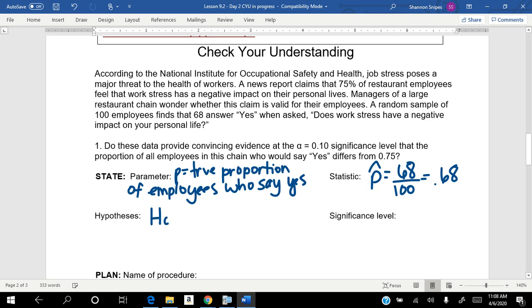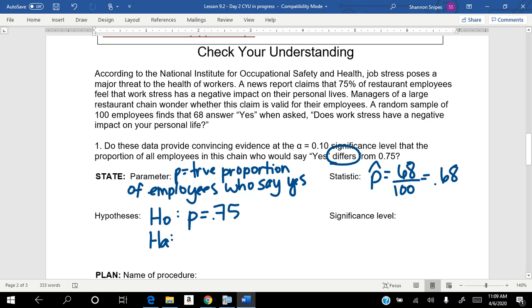All right, so your hypotheses. Our null hypothesis, remember that we always assume is true, is the true proportion is 0.75, which is the claim from the news report. The alternative says we want to see if it's different from 0.75. If you'll notice, your statistic of 0.68 is kind of far away from 0.75.